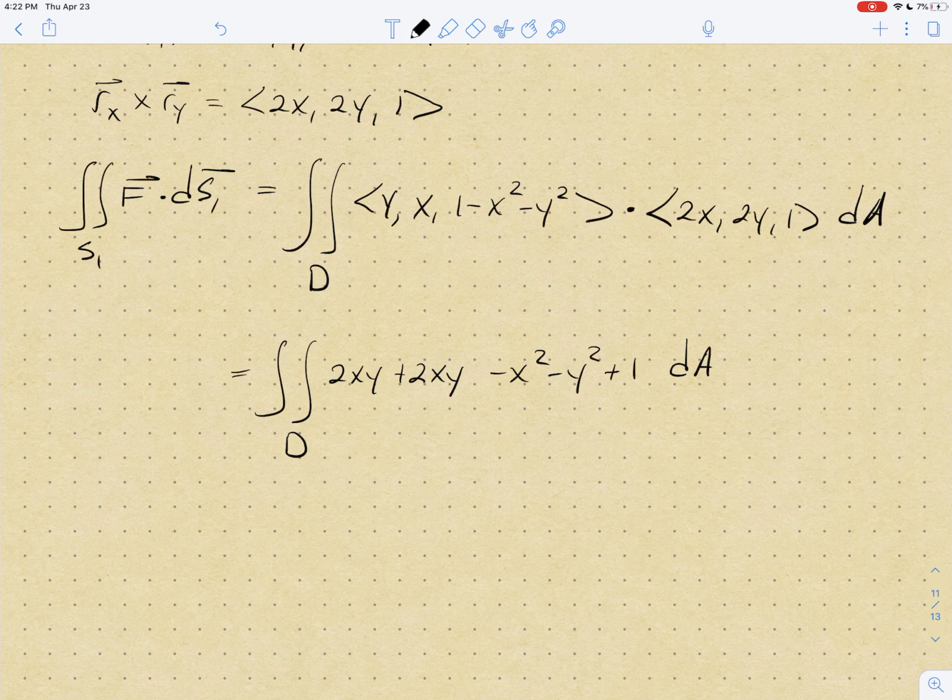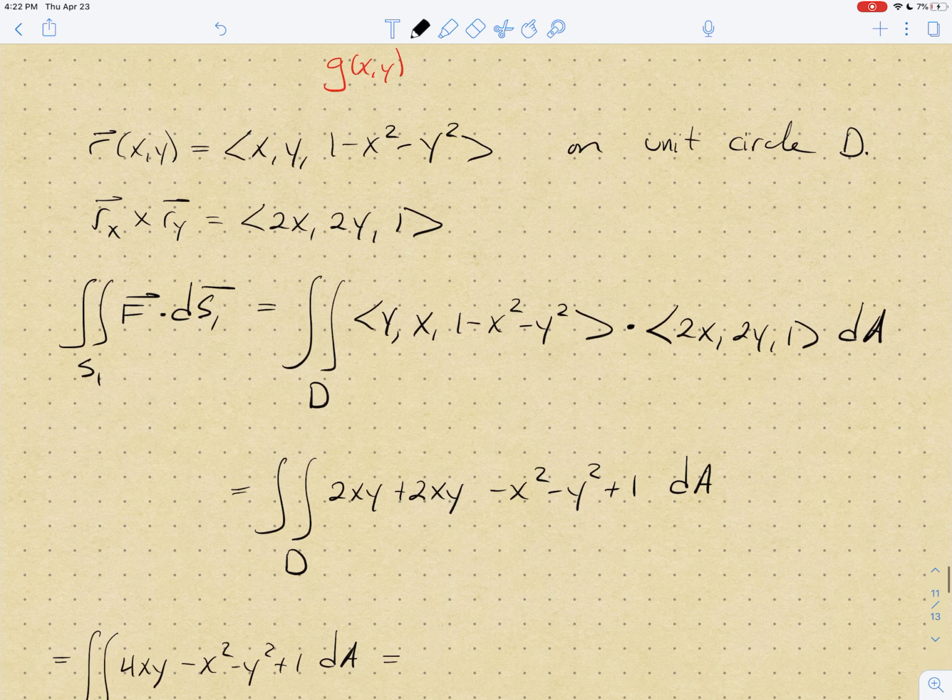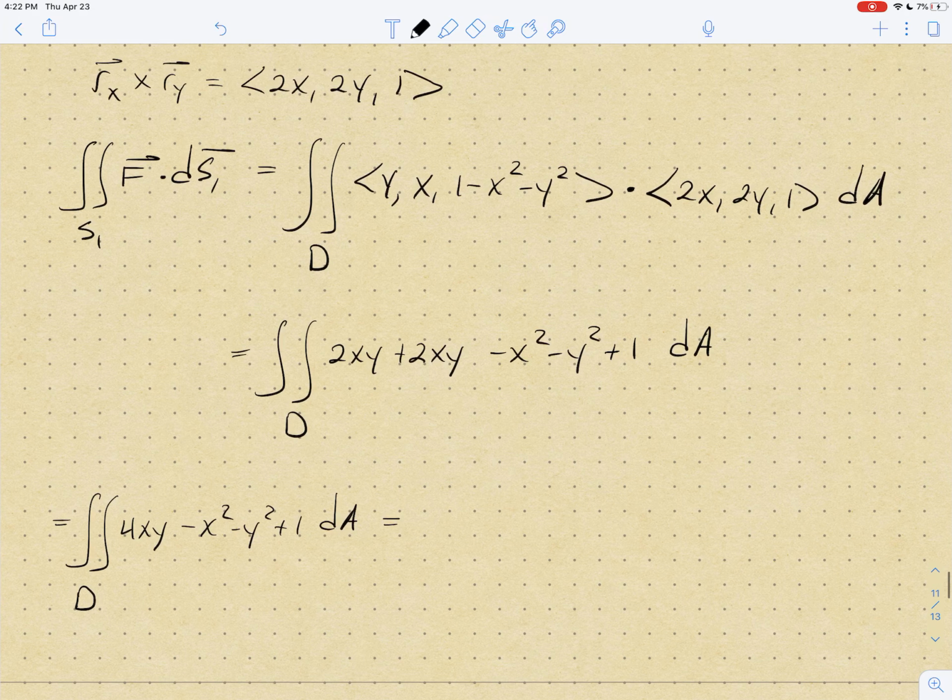And so now I'm going to write this as the double integral over D of 4xy, we'll just combine, minus x squared minus y squared plus 1 dA. I'm going to switch this to polar now because I know that D is just the unit circle. So when I'm thinking about the unit circle, I'm going to have r goes from 0 to 1, theta goes from 0 to 2 pi, and then I've got to plug in my polar coordinates everywhere.